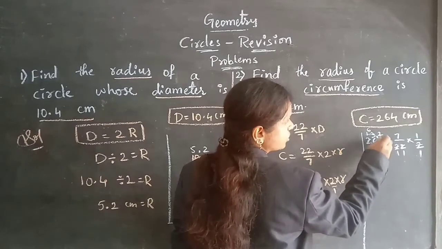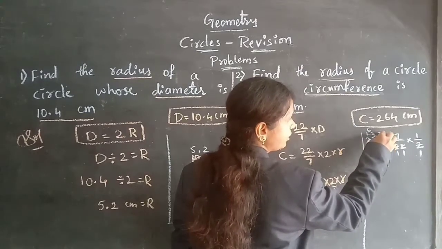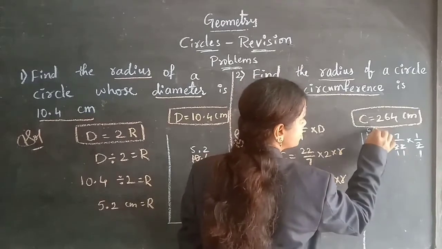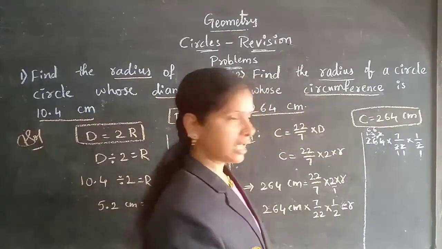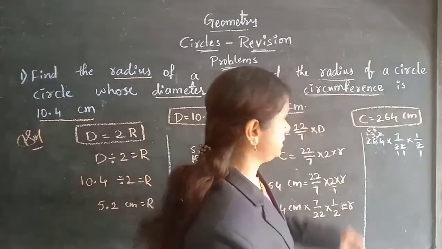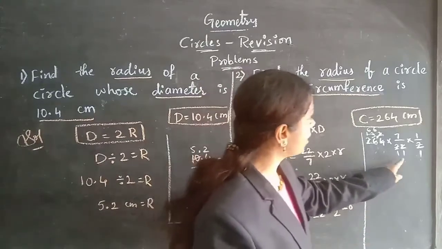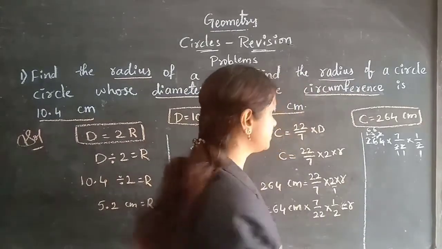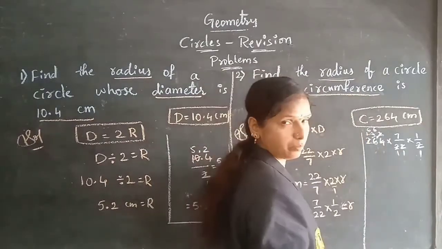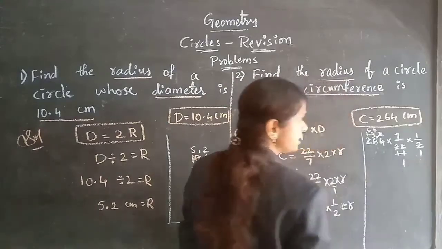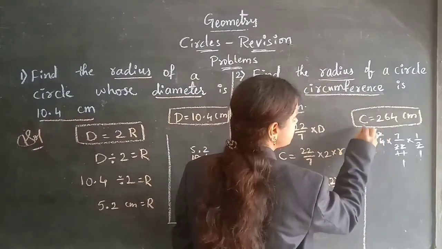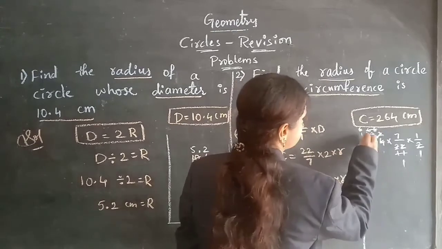So here 1 and 2 means again it will be 12. Next 2 sixes are 12. After cancelling here I got 66, and in the denominator we still have 11. So I can cancel the 66 and 11 in the 11 table. 11 ones are 11, 11 sixes are 66.